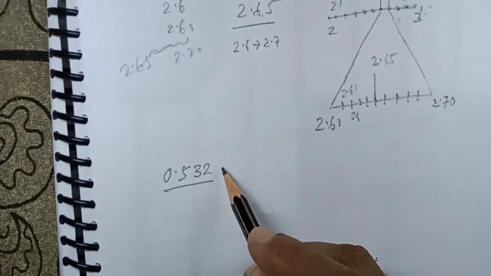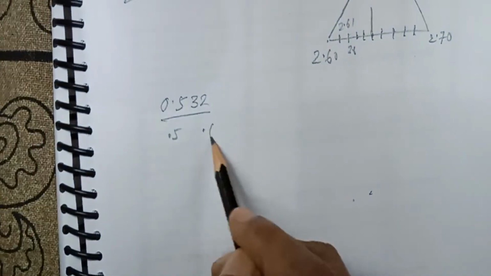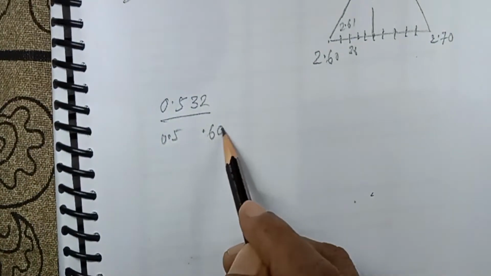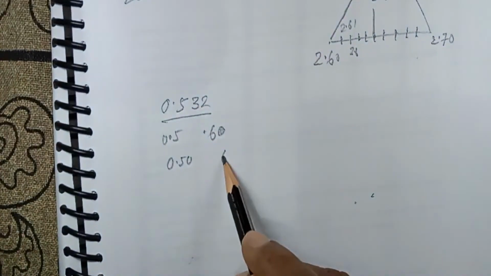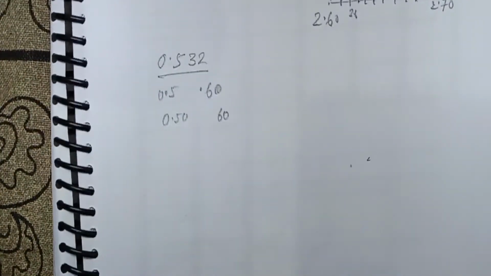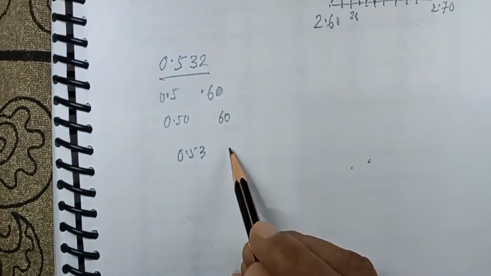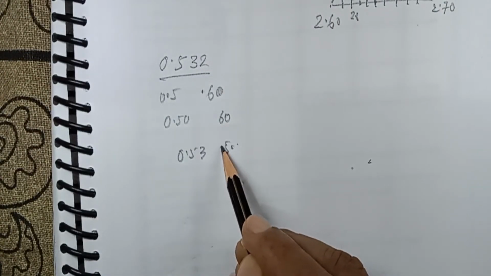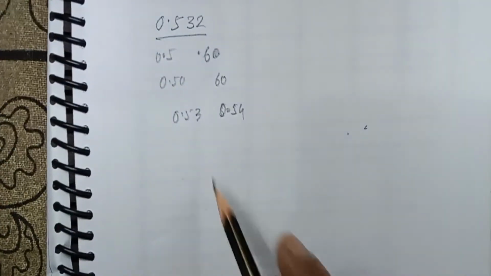Okay, it will be between 0.5 to 0.6 के बीच में। So it will be 0.53 to 0.54 in between.